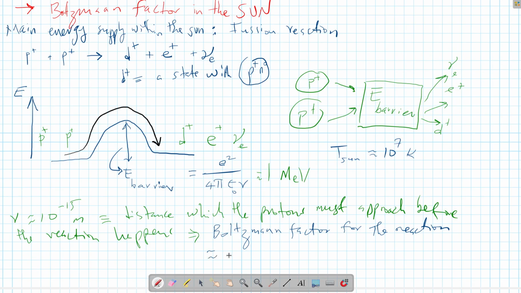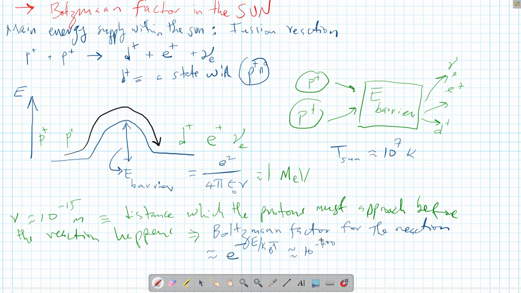Remember, the Boltzmann factor is e to the minus E over kB T, where E is the barrier energy, kB is the Boltzmann constant, and T is the temperature. Okay? This is going to be something really very small, like 10 to the minus 400. So one can think of this as the probability of the reaction going to happen.